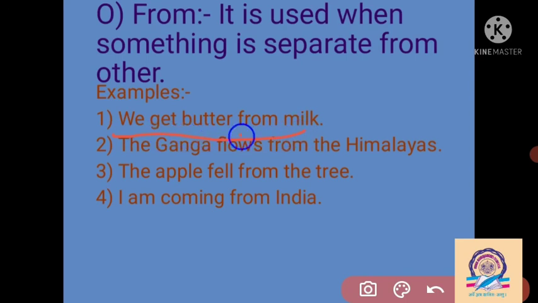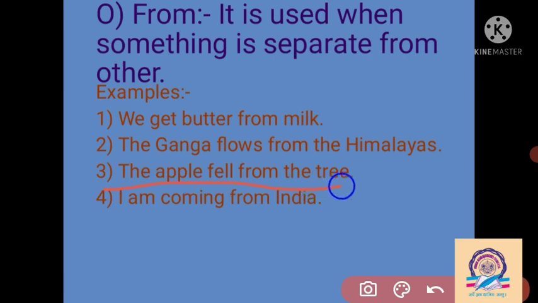When something is separate from another thing, at those times we have to use from. Then a second example: the Ganga flows from the Himalayas. So the Ganga is separated from the Himalayas. So we have to use from.